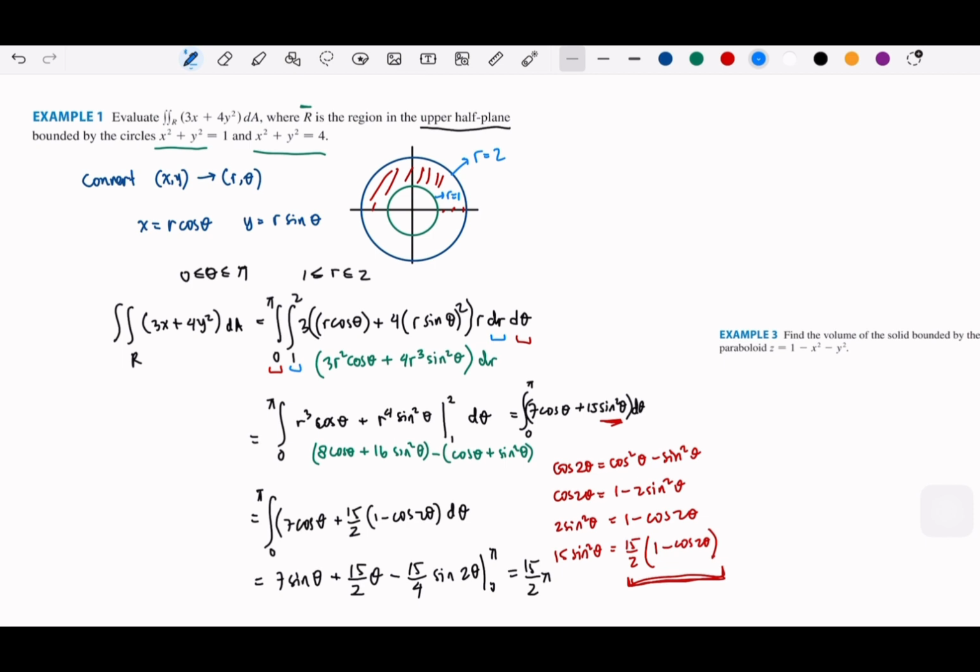When we are converting the Cartesians to polar, we are also converting the integration variables, which means we need to include this r, so r dr dθ. This multiplication with r is very important because it is frequently missed out.